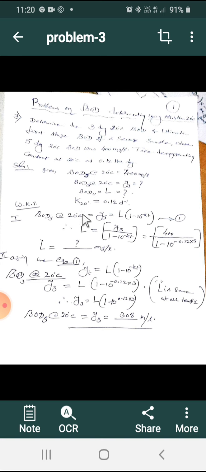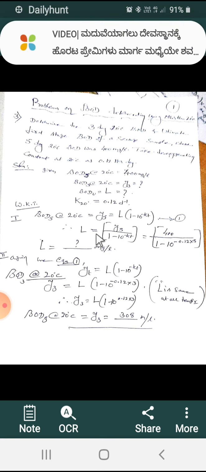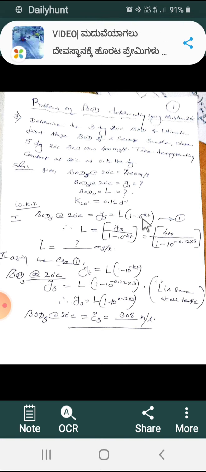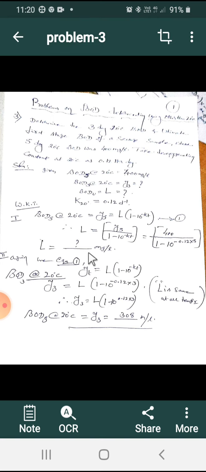Next, what to do? Again, using the same equation, Yt is equal to L into 1 minus 10 to the power of minus kt. The L we know from the previous equation. Yt means you have to find that for 3 days, so it is called Y3, equal to L into 1 minus 10 to the power of so and so.